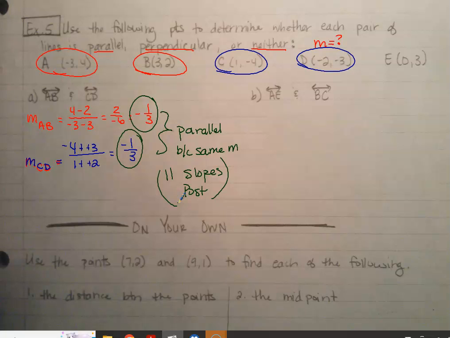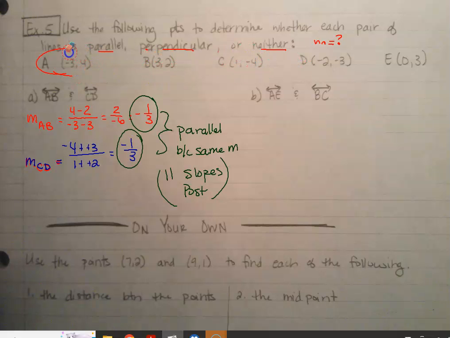Next one, AE and BC. Okay, so now I'm going to erase some of our circles up here. Sorry if you hear that squeaking through the microphone. Okay, so AE is our first one. So let's circle A and E, and let's find their slope.